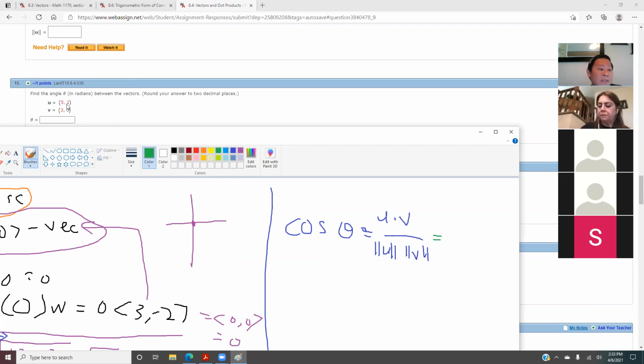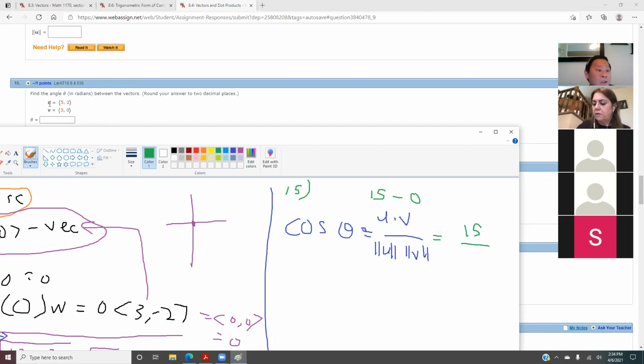Does anyone know what u dot v is in this case? So 5 times 3 is 15, minus what? 0. 2 times 0 is 0. So 15 minus 0 is 15.